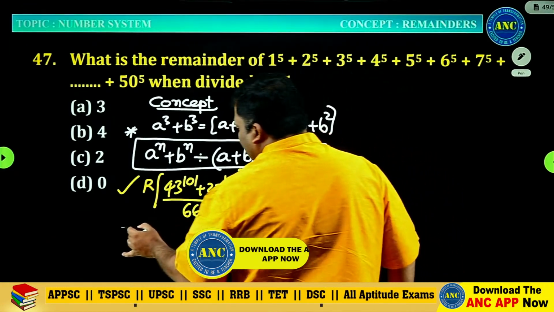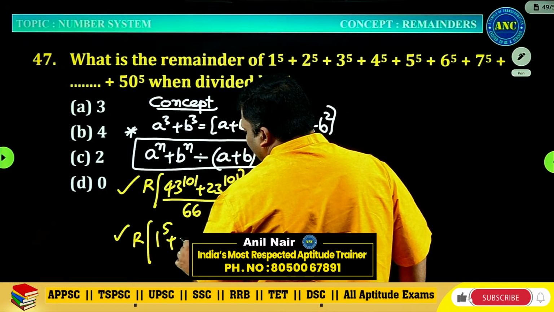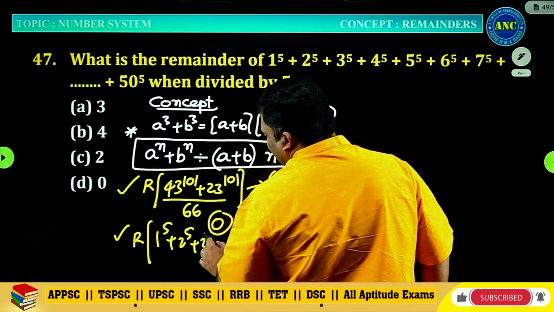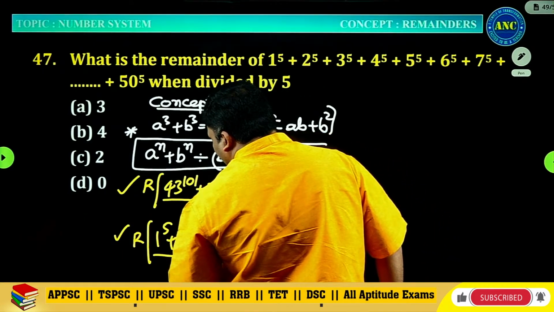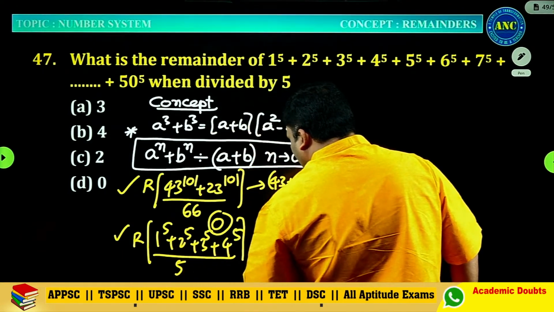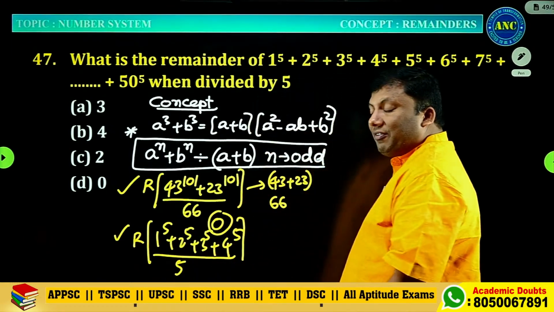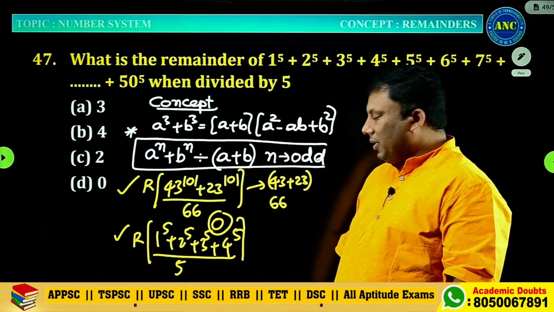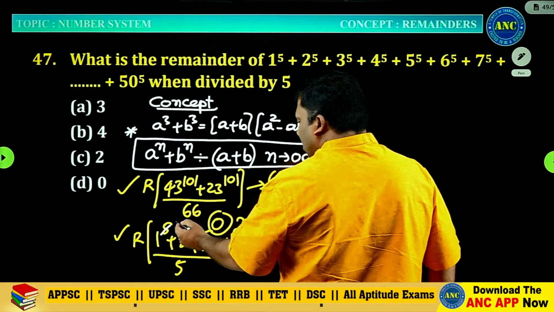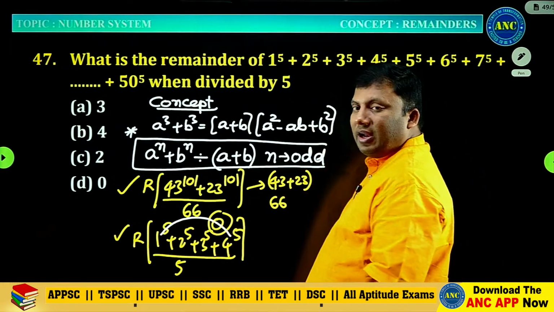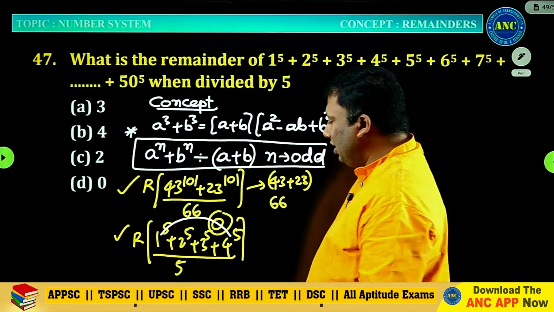Suppose the question is: find the remainder when 1^5 plus 2^5 plus 3^5 plus 4^5 is divided by 5. The first and last terms are divisible by 5, since a^n plus b^n is divisible by a plus b if n is odd.